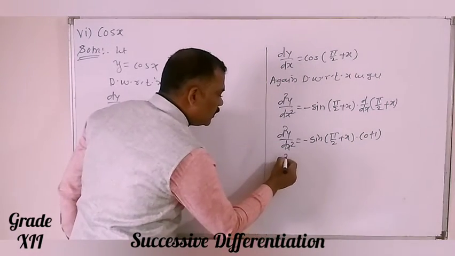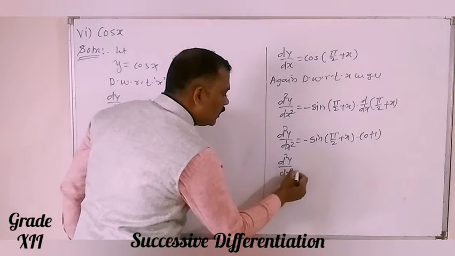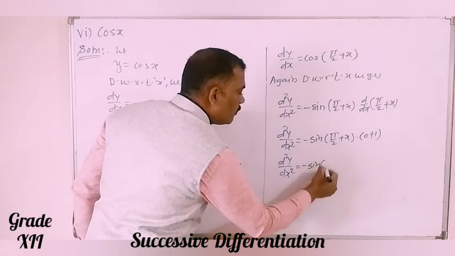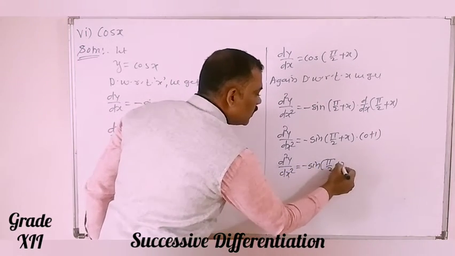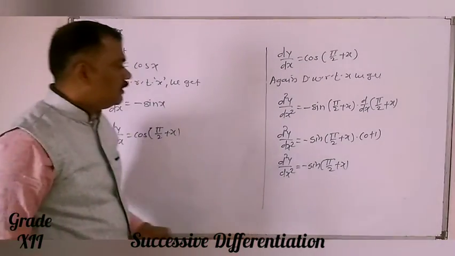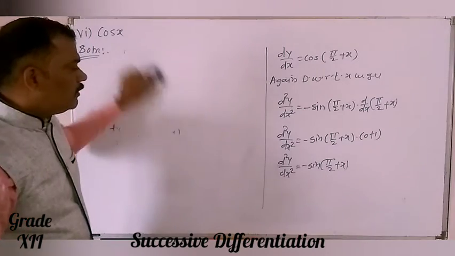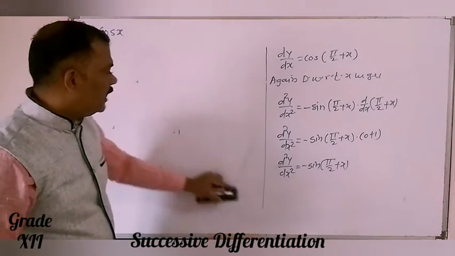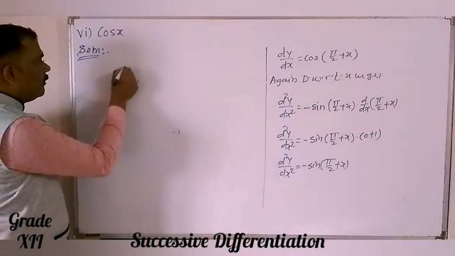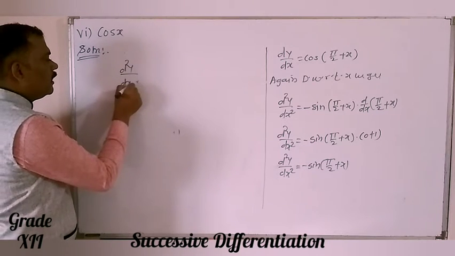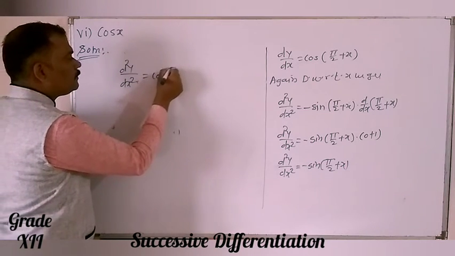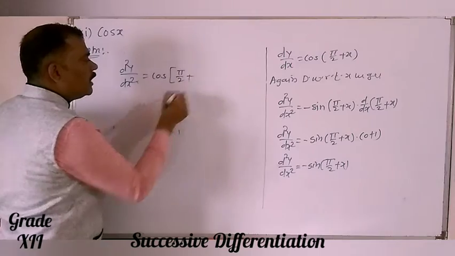That is nothing but d2y by dx square is equal to minus sin of pi by 2 plus x. We can write this in terms of cos by using the other angles formula: d2y by dx square is equal to cos of pi by 2 plus theta.